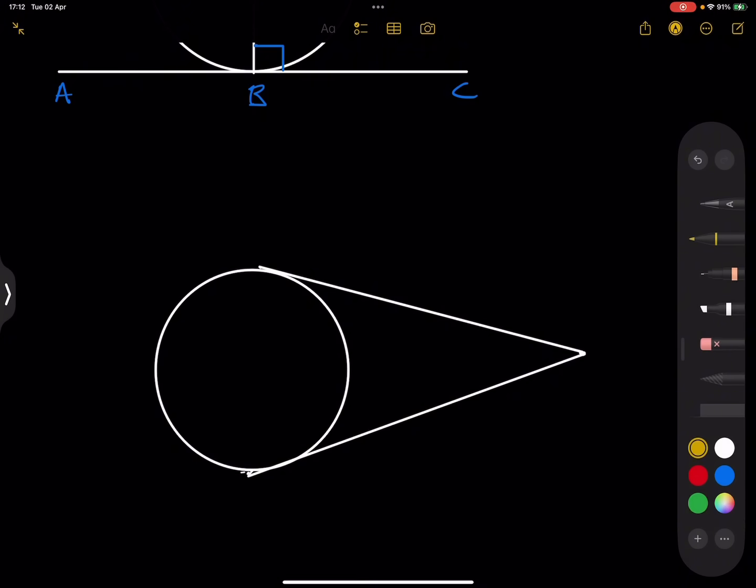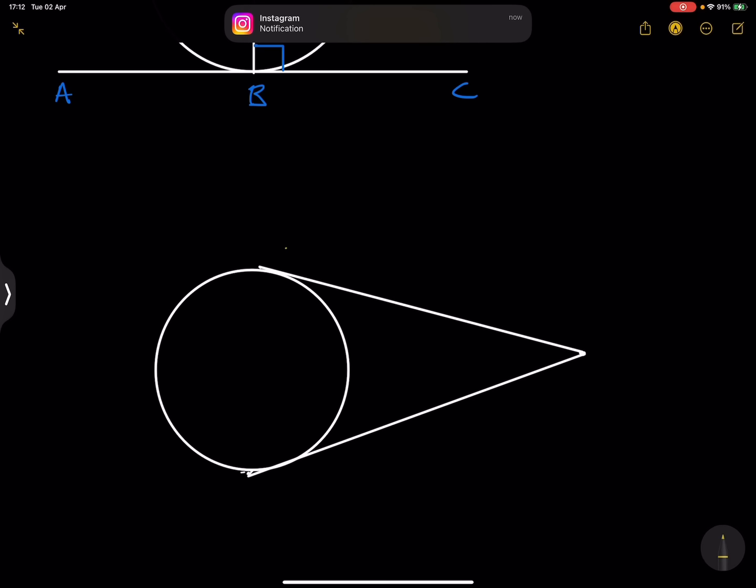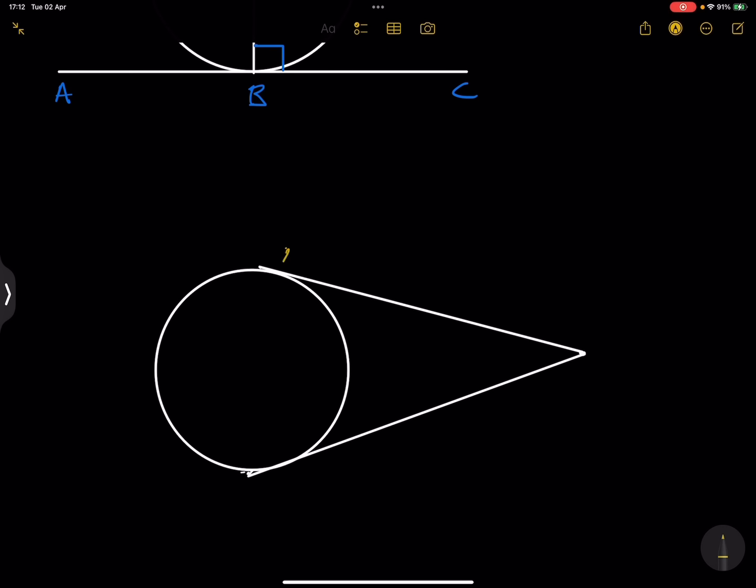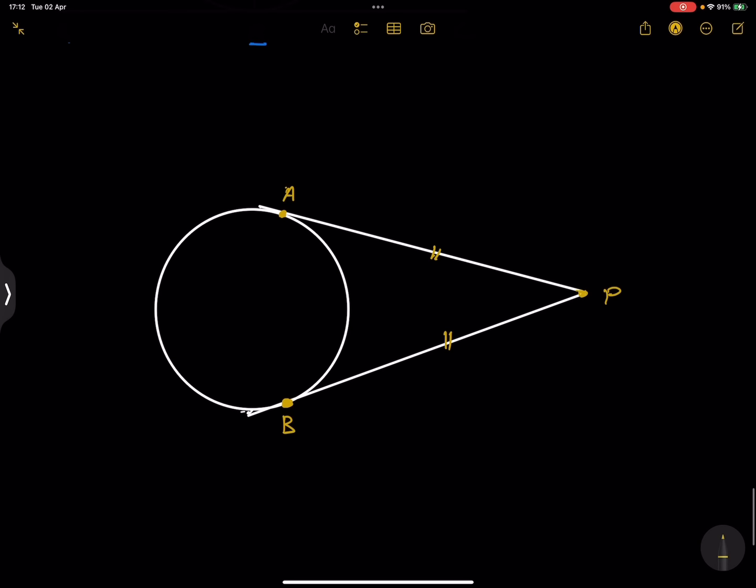Now please guys, I want you to note, supposing this is A, let's call this point P, let's call this B. From the point of tangency, which is A, till point P, which is a common point, it means that AP is equal to BP.